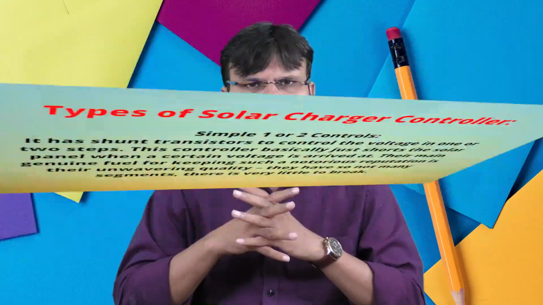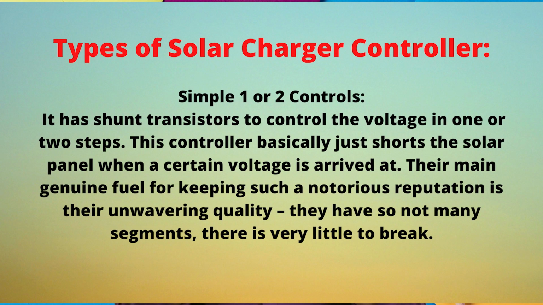The first one is simple 1 or 2 stage control. It has a shunt transistor to control the voltage in 1 or 2 steps. This controller basically just shorts the solar panel when a certain voltage is reached. The main reason for its good reputation is its reliability.